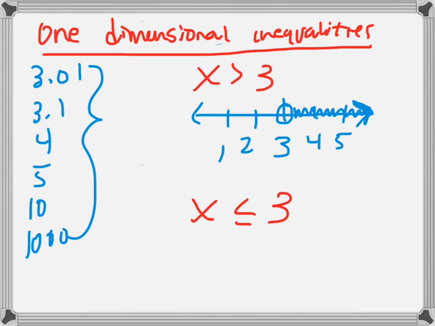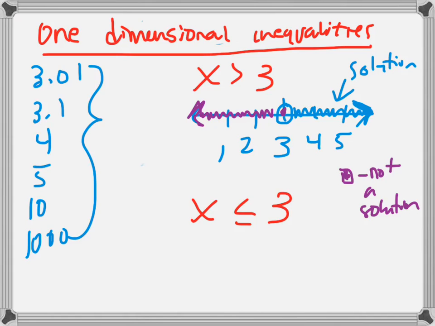So the number line itself is split up into two parts: the parts that are a solution to the inequality and the parts that are not a solution. So these are solutions, and in the purple, everything that's the other half of the number line is not a solution.